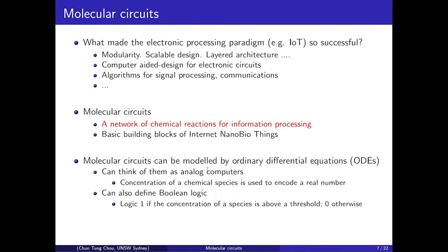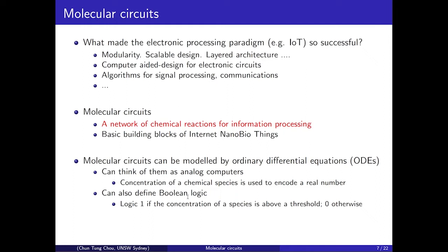In this case, the concentration of a chemical species can be used to encode a real number. That is the same as the analog electronic circuits that you have seen before, which use voltage to encode a real number. Now, we use electronic circuits to define Boolean logic circuits.